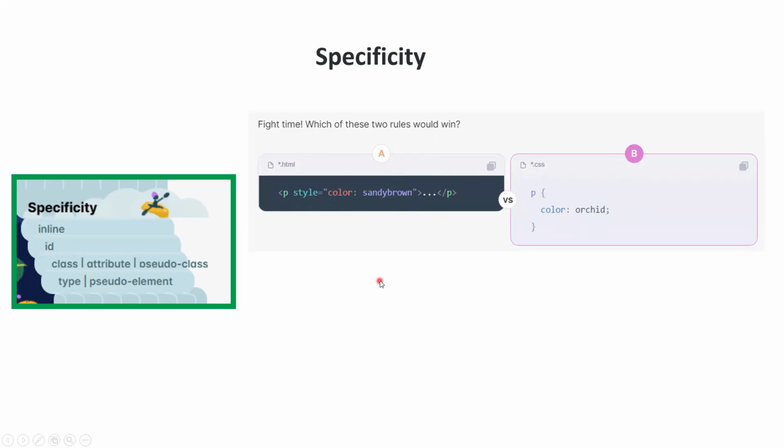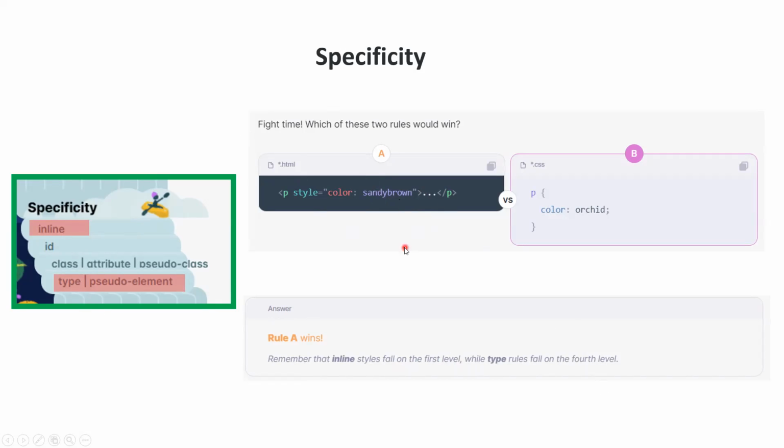According to the hierarchy, rule A wins. Why? Remember that inline styles fall on the first level, while type rules fall on the fourth level.